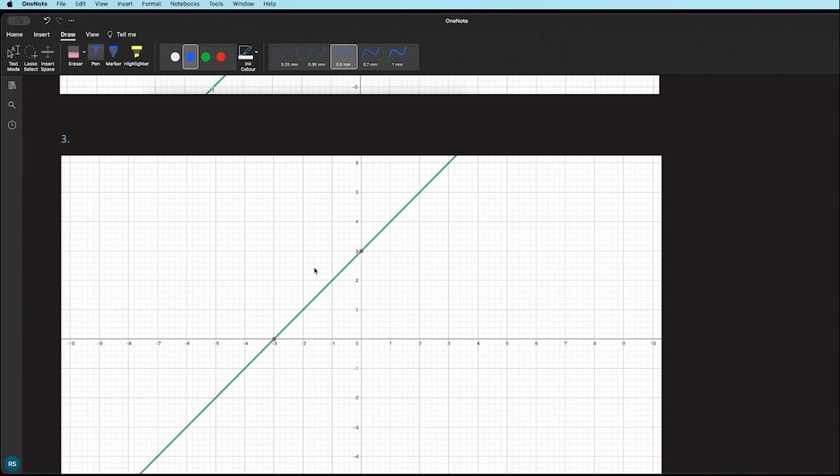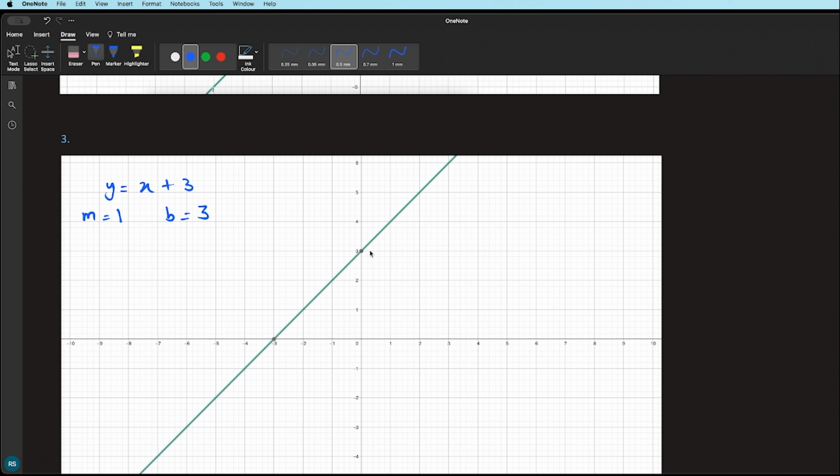Coming to another equation, this line is represented by the equation y equal to x plus 3. Okay, so m equal to 1 and b equal to 3. So you can see here the line is cutting the y-axis at point 3.